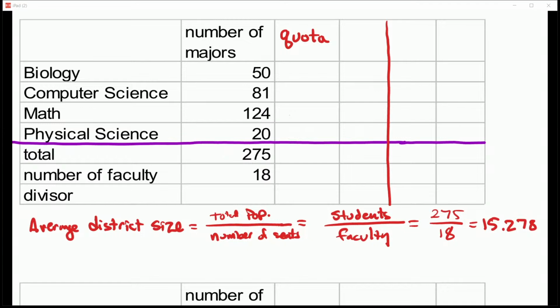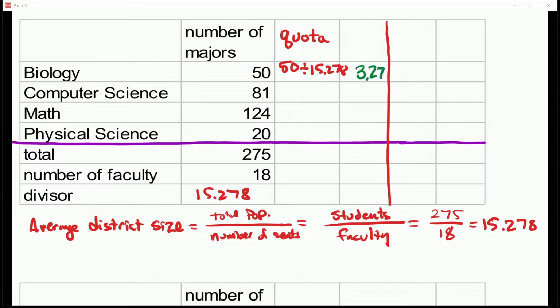So the quota is going to be, this first one is 50 divided by the divisor. That's another word for this 15.278. We call that the divisor. And 50 divided by 15.278 is 3.27. I'm going to change colors to make sure that 3.27 stands out.